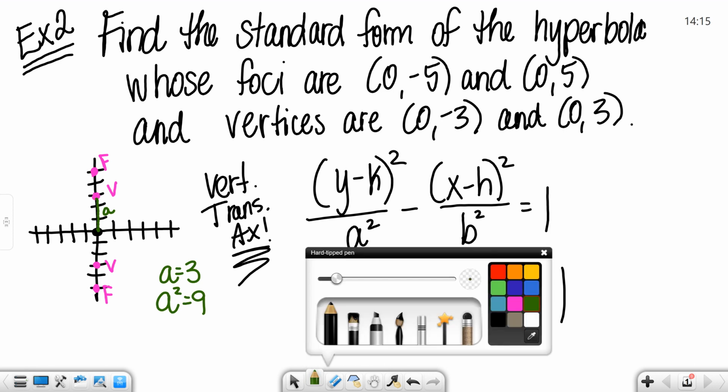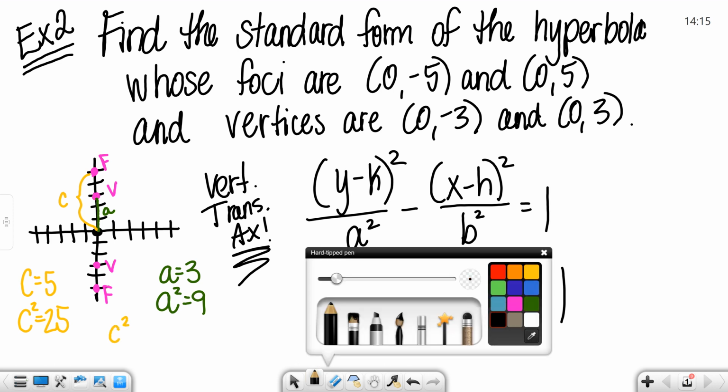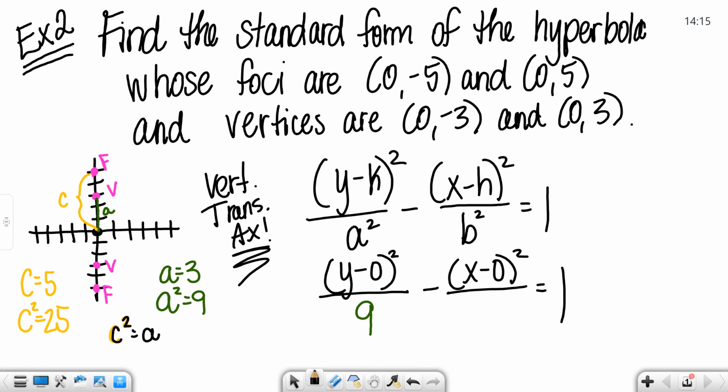I know that the distance from the center to the focus is c. So my c value is 5, which makes c squared 25. Now that does not go under the other fraction. b squared goes under there. I need to find b squared by saying c squared is equal to a squared plus b squared.